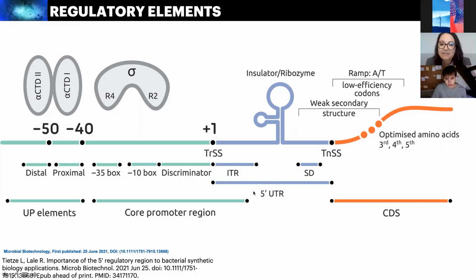The ITR is a kind of region that is a promoter escape region. And the UTR is a kind of region that helps the strength of not only the translation, but the transcription.